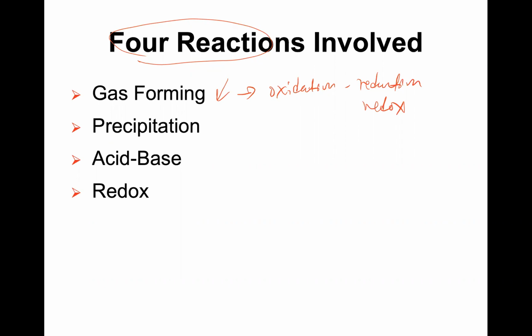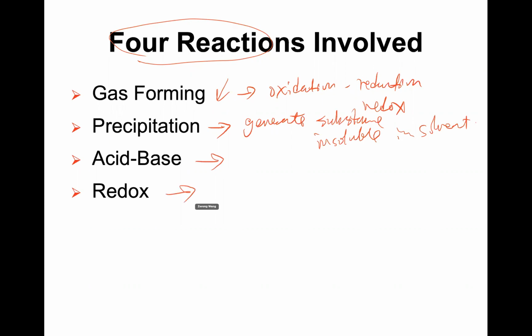Another one is a precipitation reaction, which normally generates substances that are insoluble in solvent. This also involves an acid-base reaction. And finally, a redox reaction. Here, the gas forming reaction can fall into the redox reaction in this case.